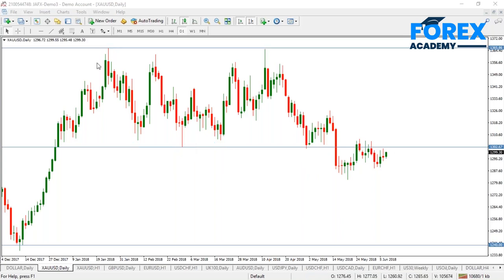Therefore, we need to consider taking on board a bearish strategy, at least for now, until there's enough reason for us to consider taking a long position. The breakout of the range has to be seen as the most important recent technical development.